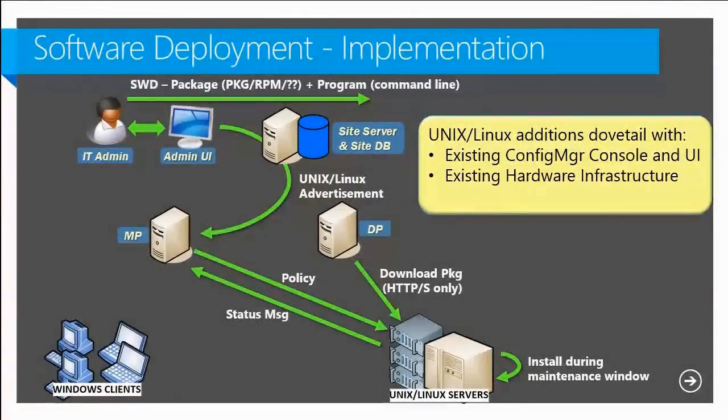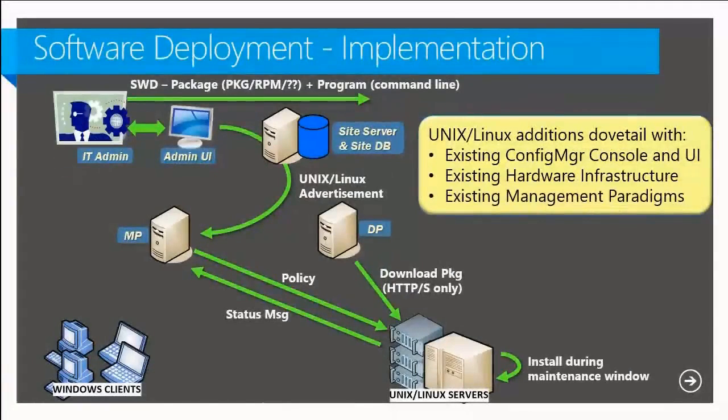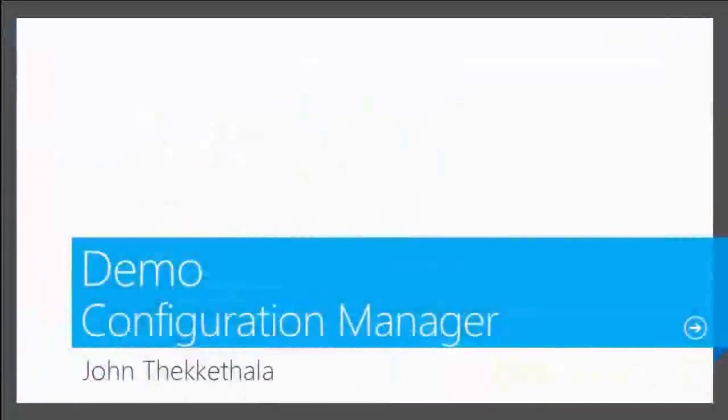No need for additional hardware, no need to define new site roles. It's all part and parcel of what you've got there. And most importantly, from an IT admin's perspective, management paradigms remain the same. They don't need to learn a new paradigm for managing their Unix and Linux servers. The one that they're familiar with for managing Windows works for Unix and Linux. All right, with that, let's switch to a demo on Unix and Linux capabilities.